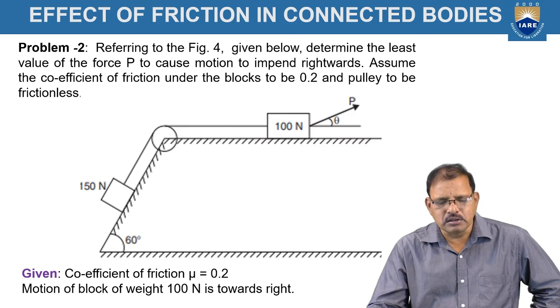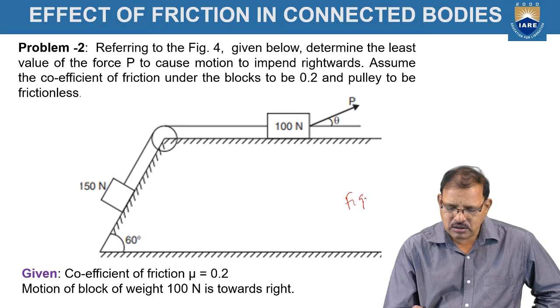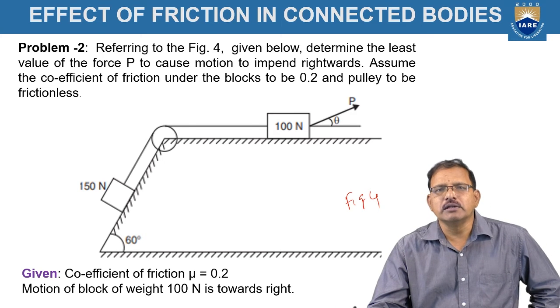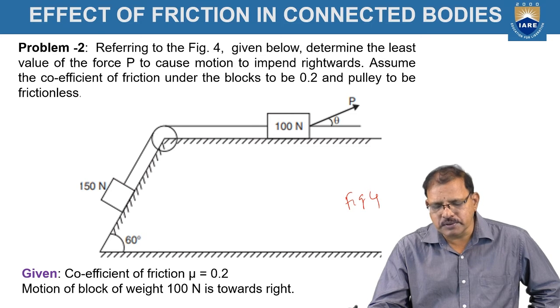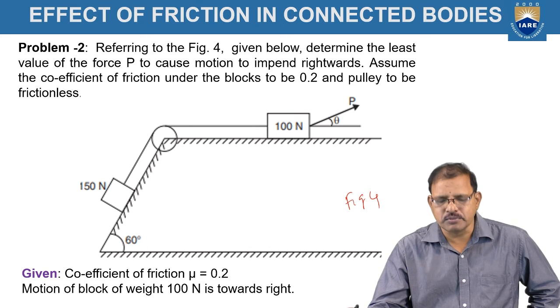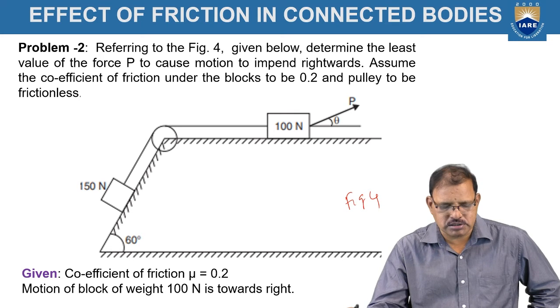taking one more problem now, referring to figure number 4, it is given here. Determine the least value of the force P to cause the motion to impede the motion toward the right side. Assume the coefficient of friction under the blocks to be 0.2 and the pulley to be frictionless.